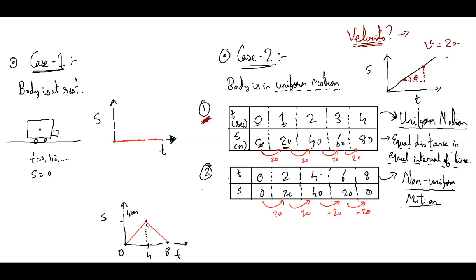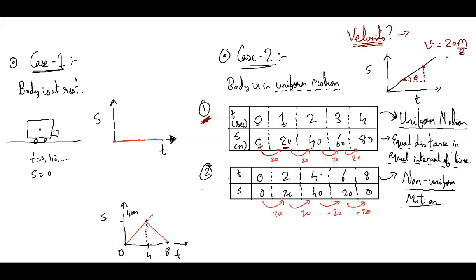Displacement is given, and as the displacement is increasing, that means the particle is moving towards the right direction. Okay? So the velocity will be 20 meter per second. Okay.